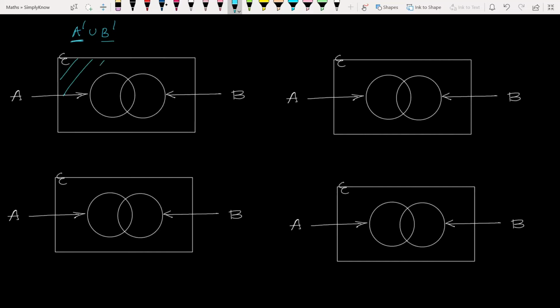Everything outside A. Okay, then B complement. That means everything outside B. This is B. So everything outside B.